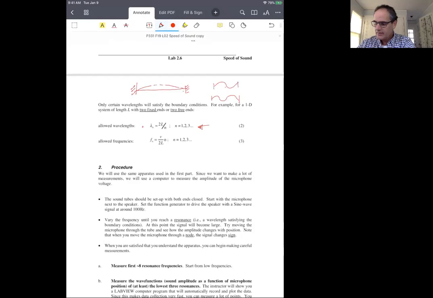And then, since we know that lambda times f is equal to v, we can convert this into an equation for the frequency. And the result is that the frequency is also quantized. The frequency of a standing wave must be v over 2L times n, where n is 1, 2, 3, and so on. I said quantized there, and I meant it.